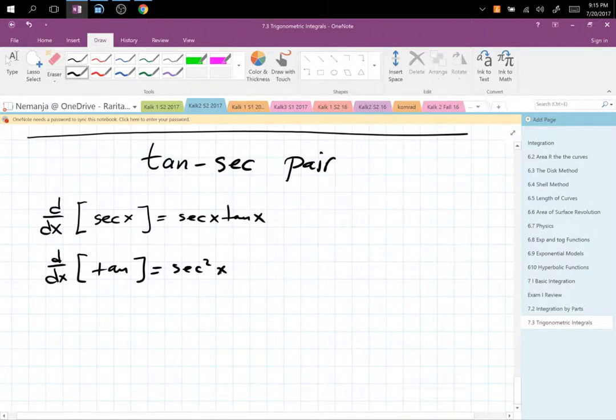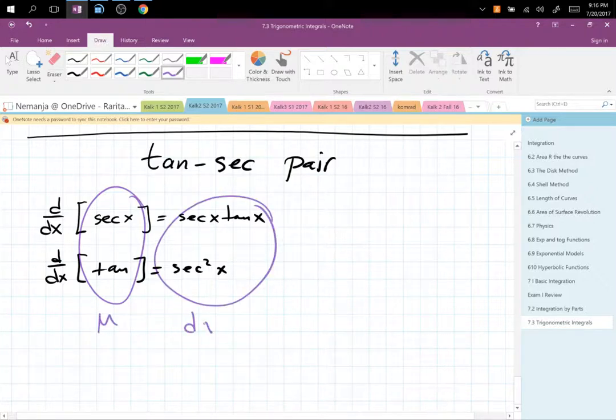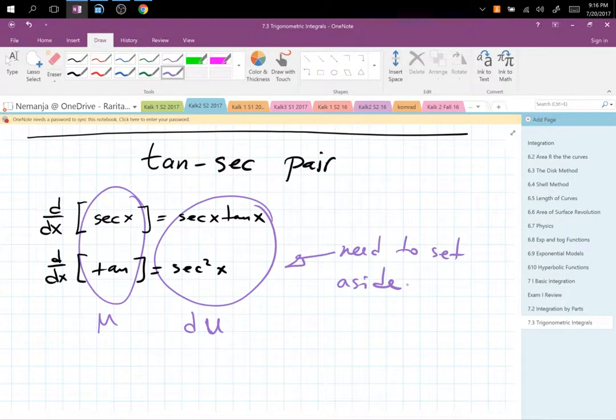This is insanely important because if you are going to finish off the problem with u sub, and all of the problems are going to be u sub, these are your u's, and these are the leftovers for du's, which you have to set aside, because those are your dx handles for du.